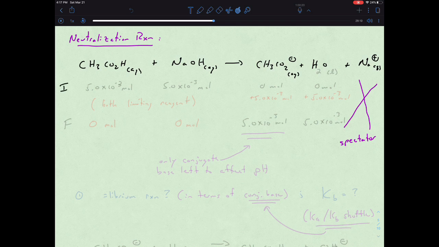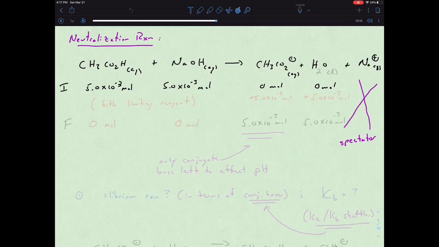And so initially, we have our 5 times 10 to the negative third moles in both our starting materials, and 0 moles in terms of our product. I know that can be confusing, having 0 moles of the product because of part B. But again, you want to treat each part as a new question. So in each part, with the neutralization reaction, we're really starting with nothing of the products. We're just looking at the starting materials.